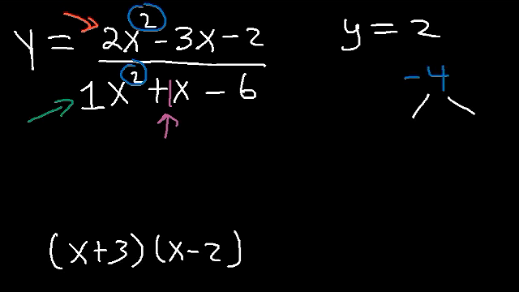And then find two numbers that multiply to negative 4 but add to the middle term, negative 3. So this is negative 4 and 1. Negative 4 times 1 is negative 4, and negative 4 plus 1 is negative 3. So now we're going to rewrite the expression, but we're going to replace the middle term, negative 3x, with negative 4x plus 1x.